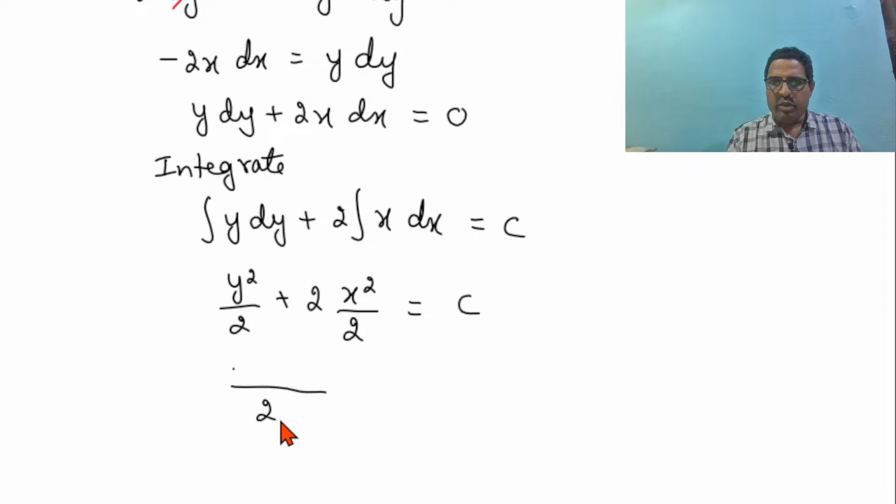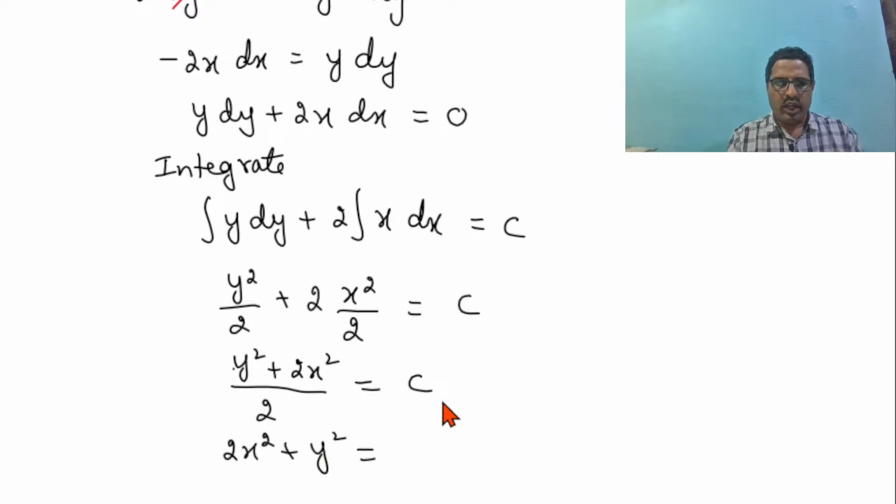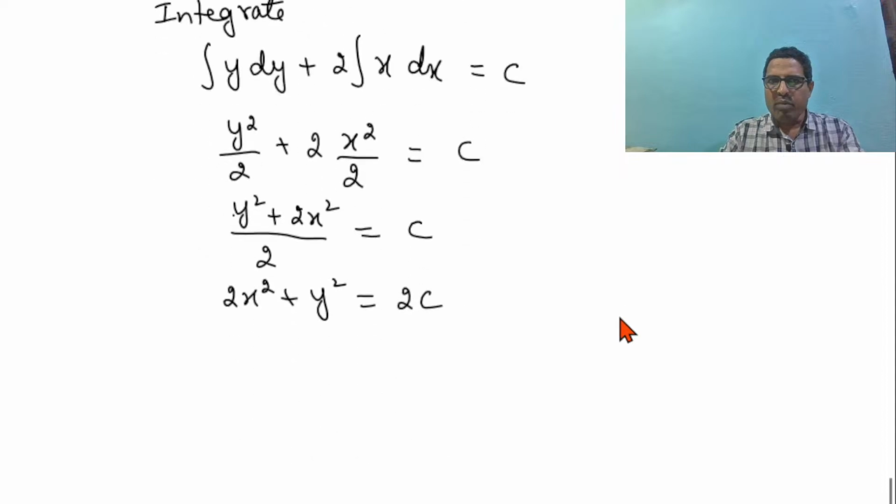Taking the LCM as 2, you are left with y square plus 2x square is equal to 2c. So 2x square plus y square is equal to 2 times c.